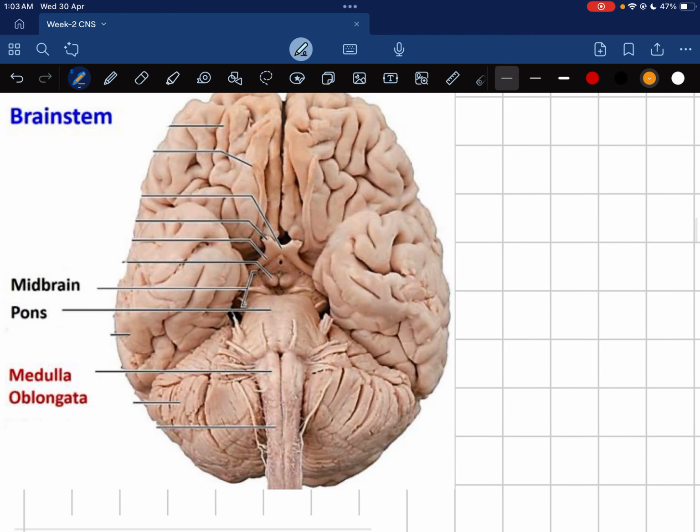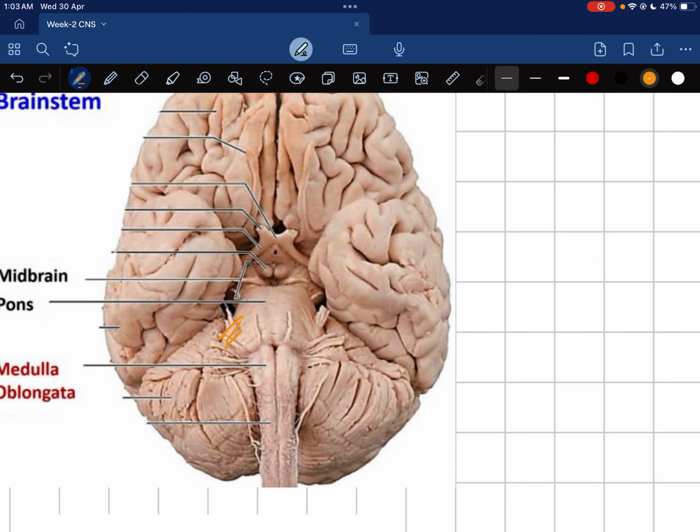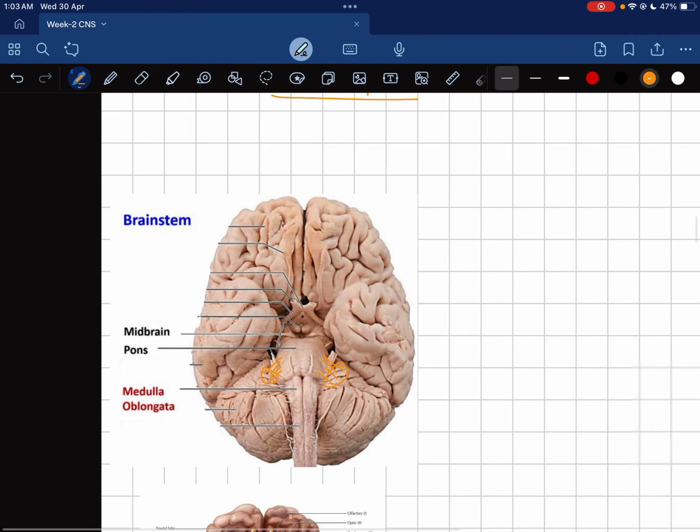Like we look in this image, this is the middle peduncle.